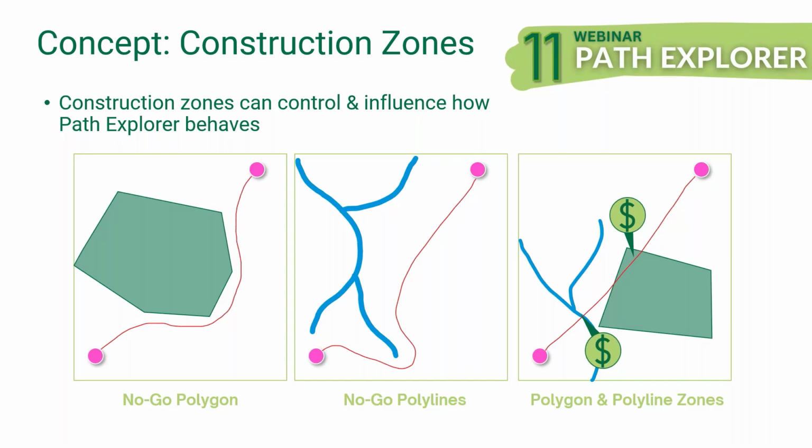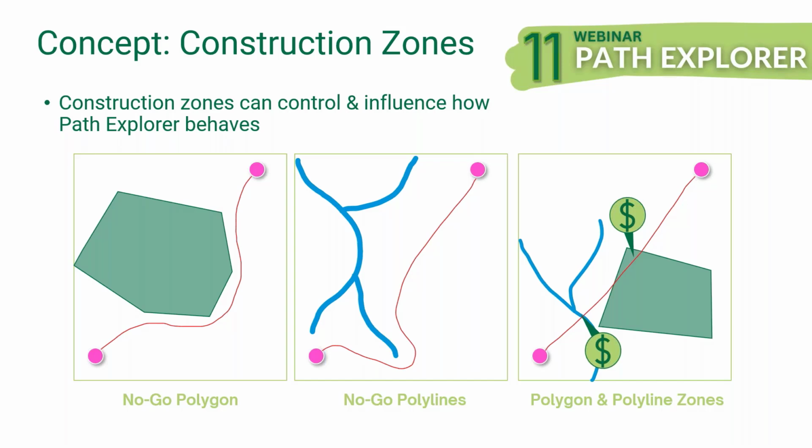So a no-go polygon will not let Path Explorer cross into it. So if there's a no-go polygon, the tool will exclude that area from its area that it's allowed to go into. Very similarly, you can do the same with a no-go polyline. The tool will not be allowed to cross that polyline.